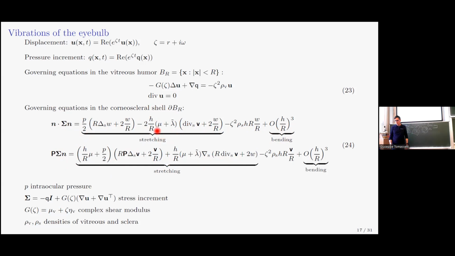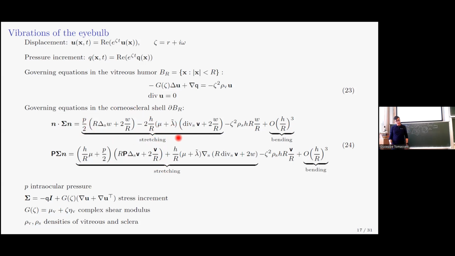The terms I'm showing here account only for stretching. And they scale like the ratio between the thickness, h here is the thickness of the sclera, and R is the radius of the whole eyeball. So this is the aspect ratio, the ratio between the thickness and the size of the eye.